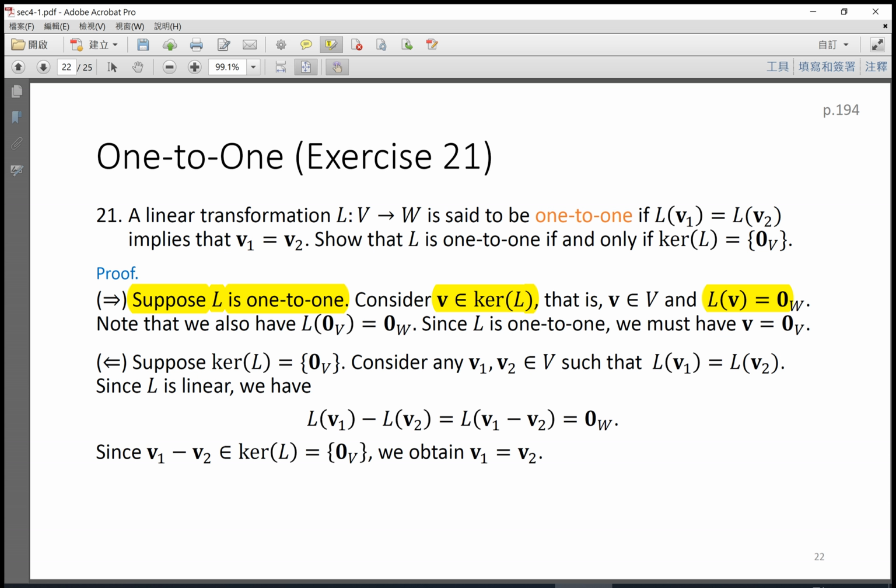Since L is a linear transformation, we also have L of 0V equals 0W. Since L is one-to-one, by the definition of one-to-one, we know if L of V1 equals L of V2, then V1 equals V2. Hence, V must be equal to 0V, and the proof of this part is finished.